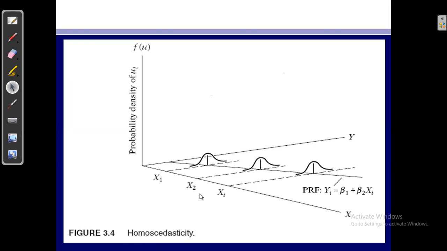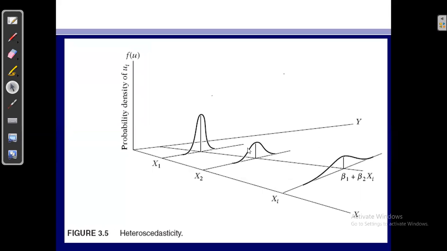But if you have something like this, as you can see here, now if you look at this one, the variation in the distribution of values corresponding to the first value of x, like x equal to 80, is comparatively smaller, because when the two tails of the curve are closer to each other, then we say that there is less variation.